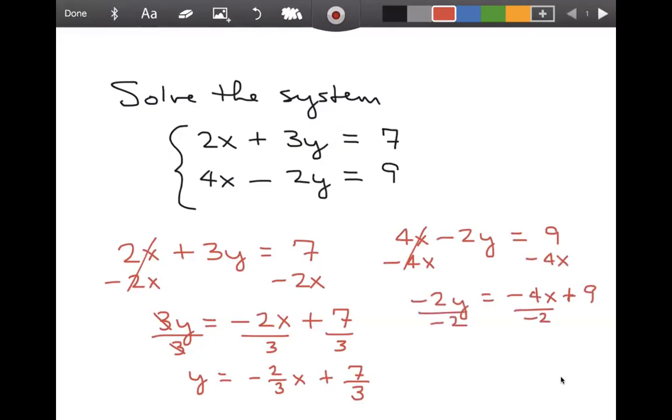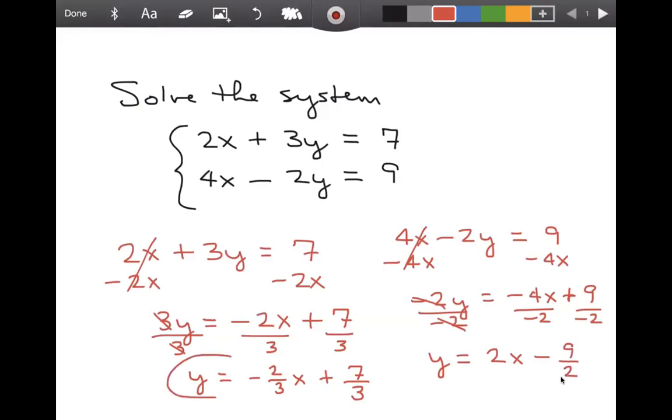Watch those signs. So this equation solved for y is y equals negative 4 divided by negative 2, which is positive 2x, plus 9 divided by negative 2, which is minus 9 halves.